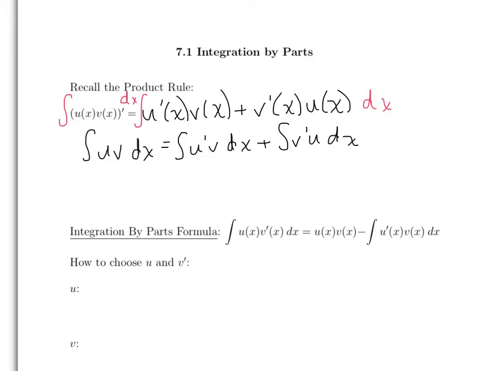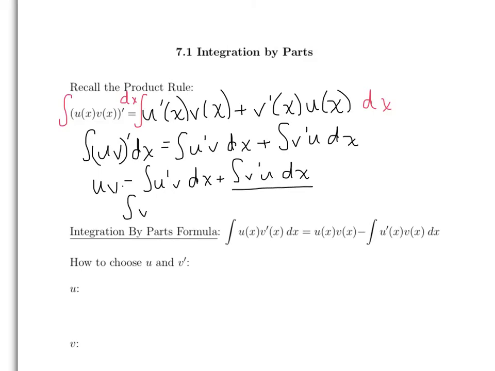If you rearrange this a little bit, if you integrate the derivative, this would just be uv, and that's the integral of u'v dx plus the integral of v'u dx. It doesn't matter which one of these you solve for, but the equation that we often use is to solve for this one.